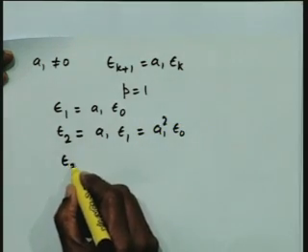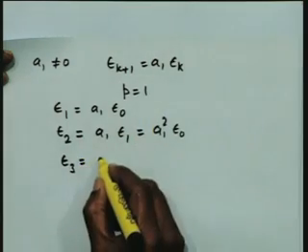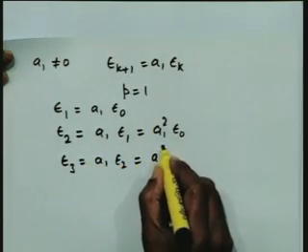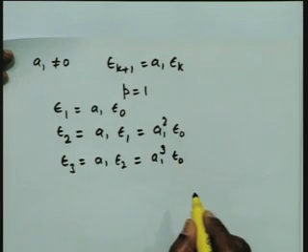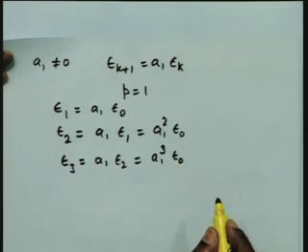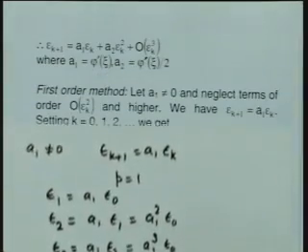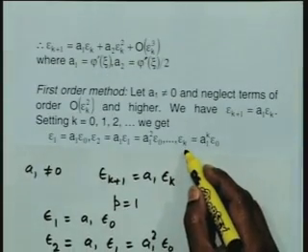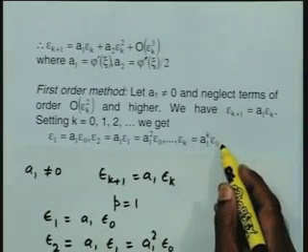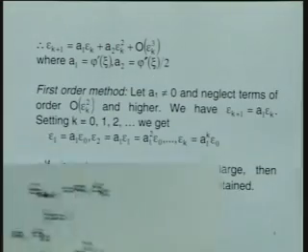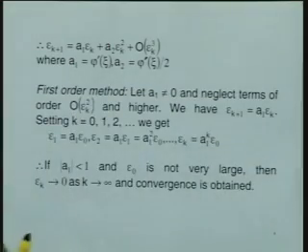Now, I proceed, epsilon_3 is a_1 epsilon_2. Therefore, this is a_1 cubed epsilon_0. Therefore, if I proceed on like this, what I would get is epsilon_k is equal to a_1 to the power of k epsilon_0. So, we repeatedly do this, and then I produce this, epsilon_k is a_1^k epsilon_0.